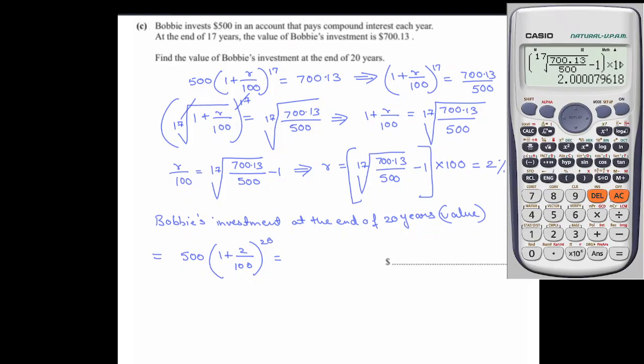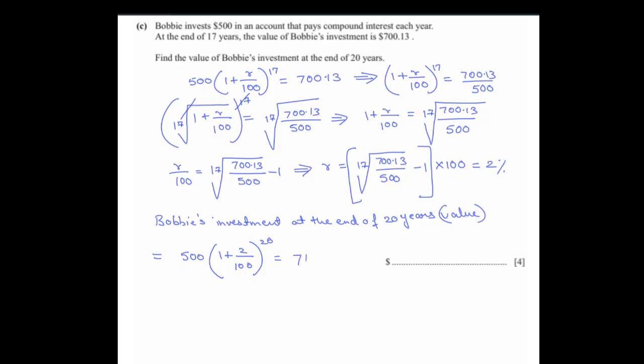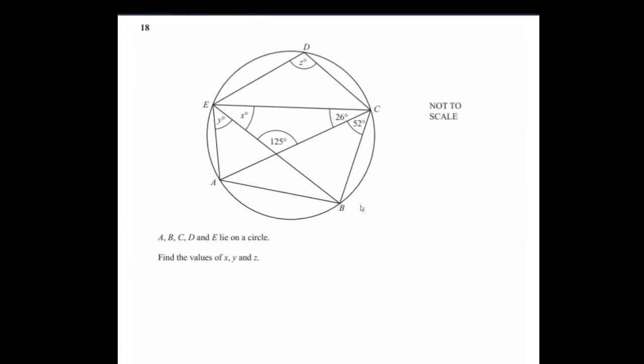Find out 500, open the bracket, 1 plus r by 100, close the bracket, raised to 20. 742.973. 742.97 dollars. Question number C is done. Question number 17 was completed.